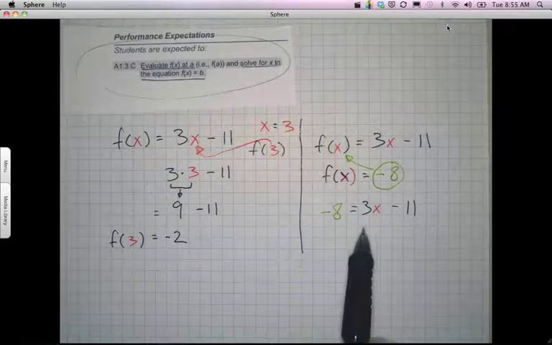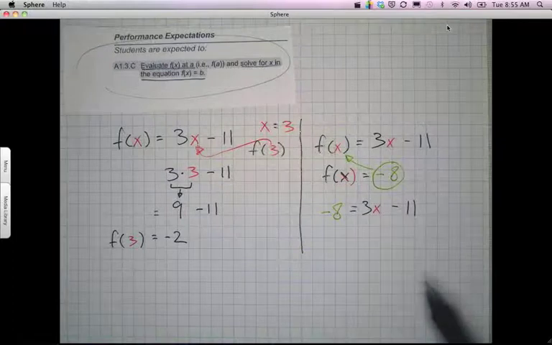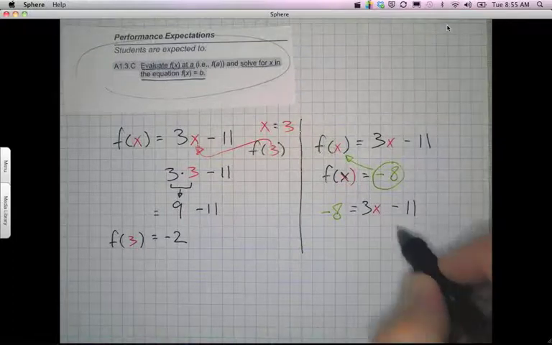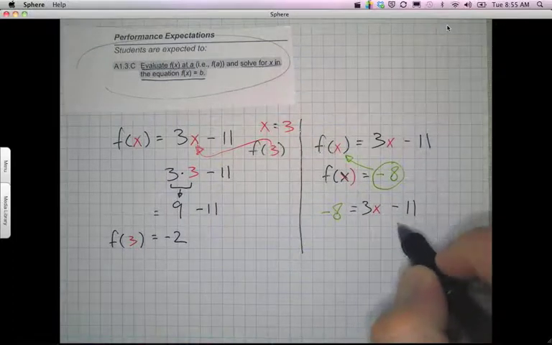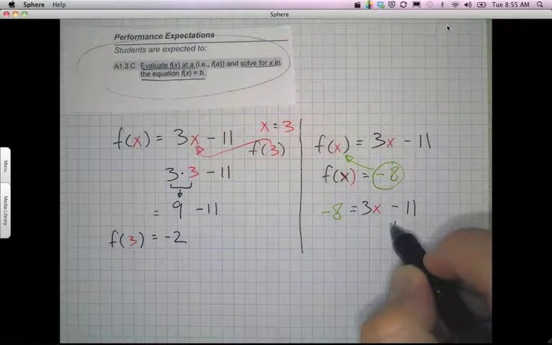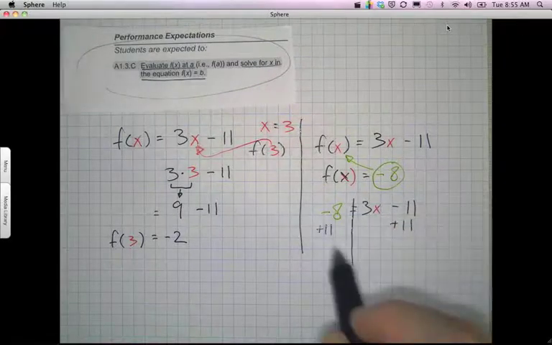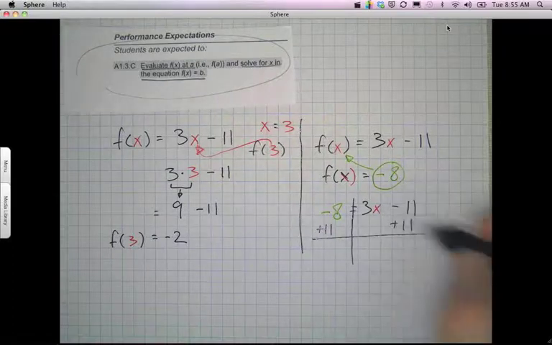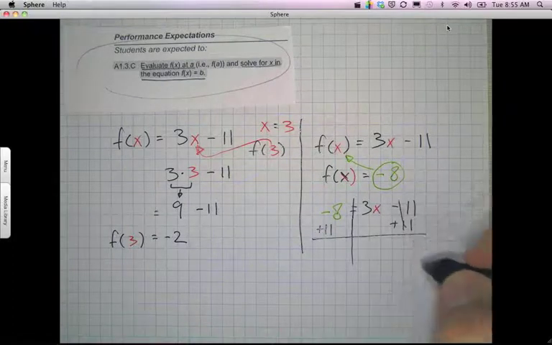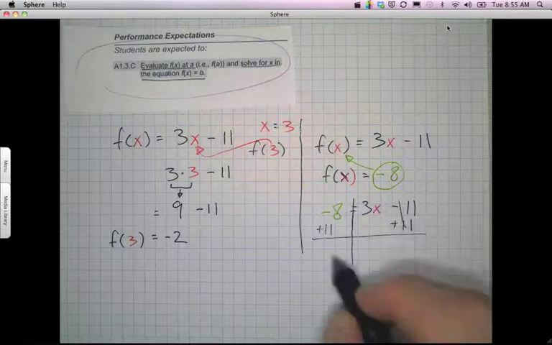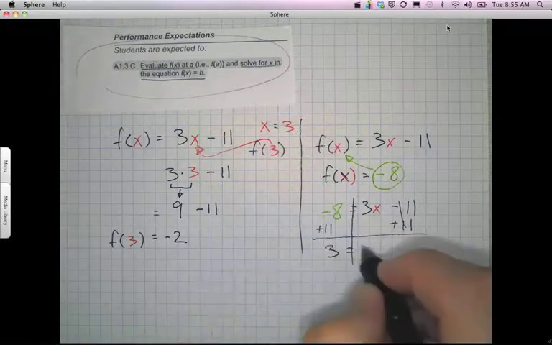Now to solve this problem, I have to solve it using algebra, which means I need to work backwards from PEMDAS. The easiest thing for me to do is to get rid of the subtraction. So the opposite of negative 11 is going to be adding 11. Those end up canceling out. And I end up with 3 is equal to 3x.